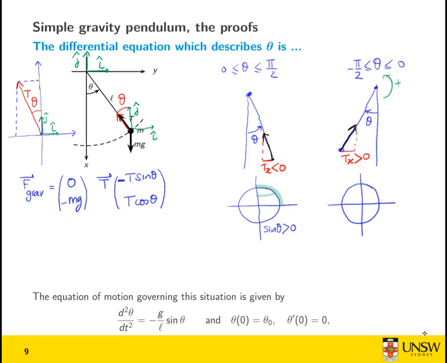Since the angle is between minus pi on 2 and 0, sine is negative. There's this minus sign at the front, so minus times a minus is a plus. So by putting a negative sign at the front, we get something positive. So we see that adding this minus sign at the front works in all cases.